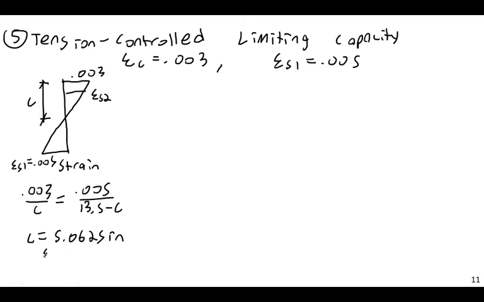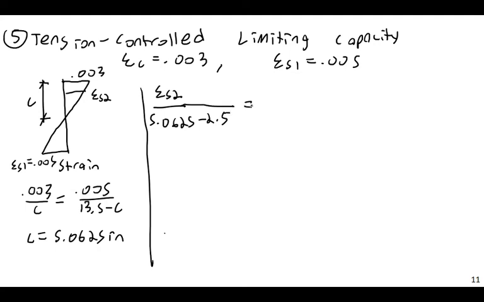So epsilon S2 over 5.0625 minus 2.5, again, just similar triangles, is equal to 0.003 divided by 5.0625.